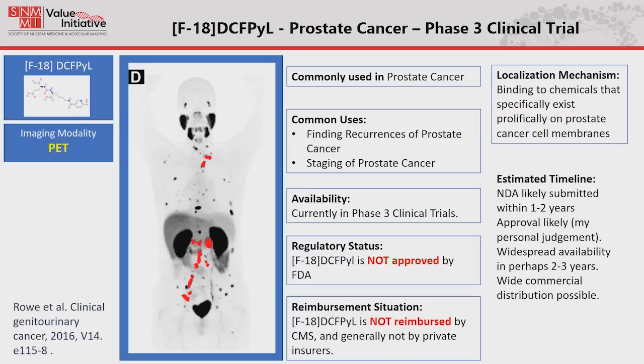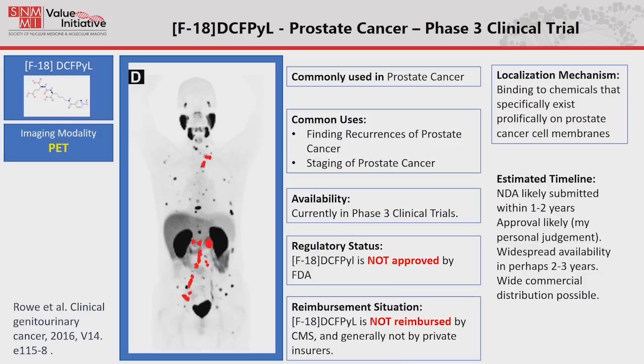Frankly, it's likely a stopgap solution because there is another F18 labeled PSMA, this F18 DCFPYL, which is in phase 3 clinical trials right now. This does pretty much the same thing as the gallium-68 PSMA, but you can make a lot more of it, and with a 2-hour half-life, you can distribute it a lot further.